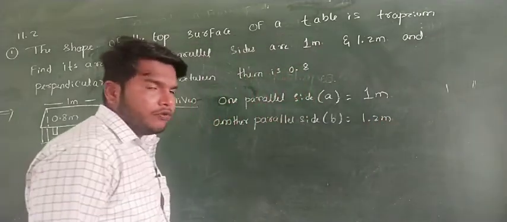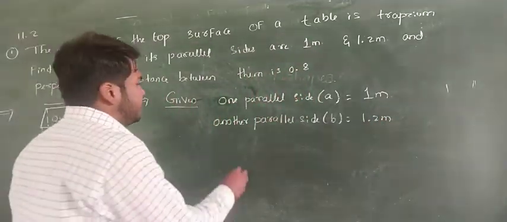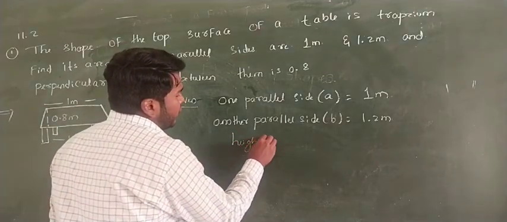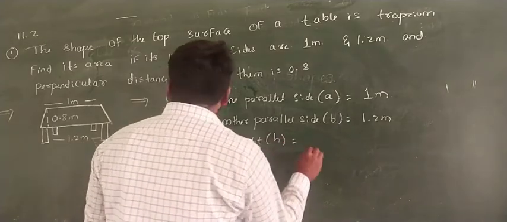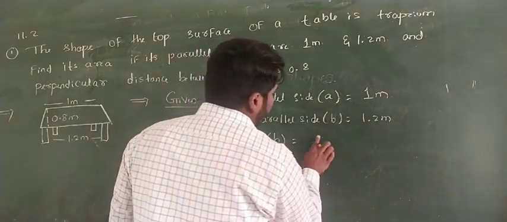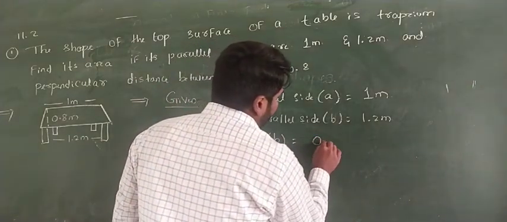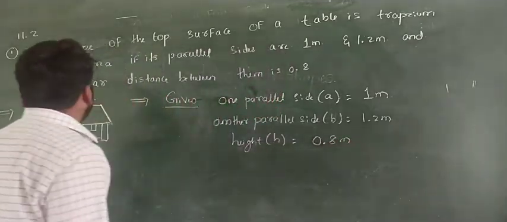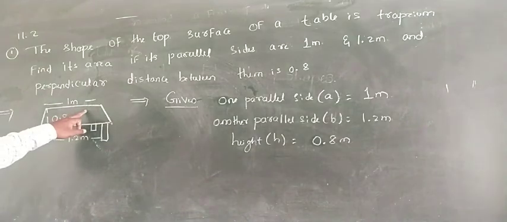And you need the perpendicular distance, that is height, H, which you have as 0.8 meter. So you need to find the area of the top surface of the trapezium.